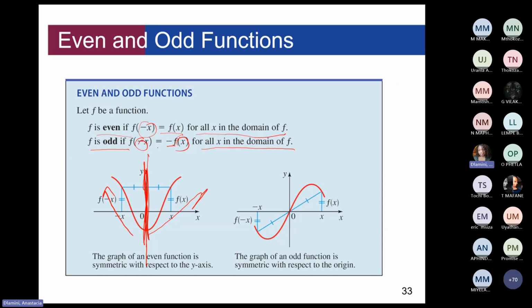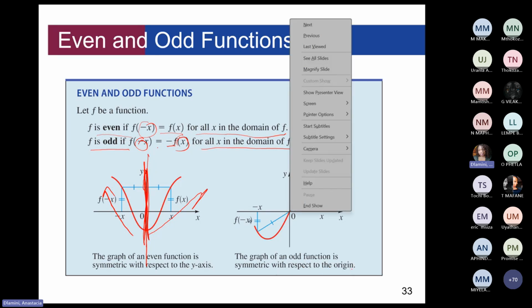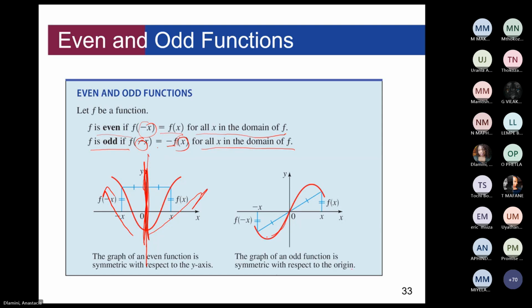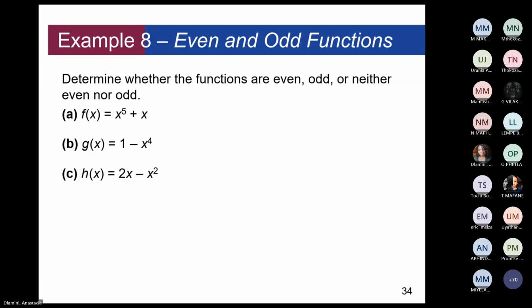The graph of an odd function is symmetric with respect to the origin, meaning that when you reflect this half about the origin, it will be the same as this half here. Are we together? Now they say determine whether the functions are even, odd, or neither.